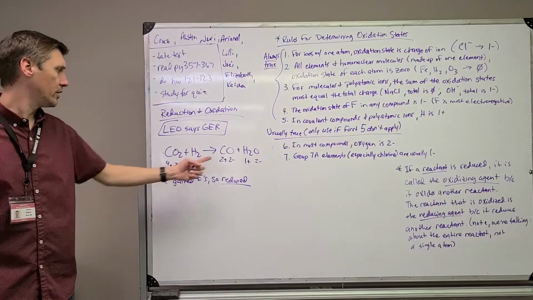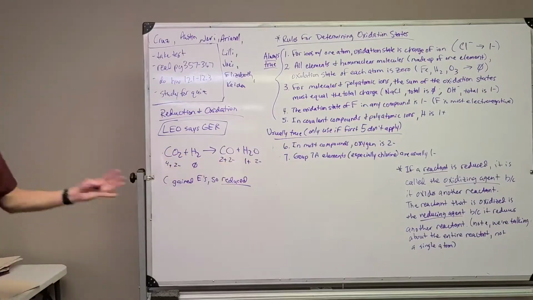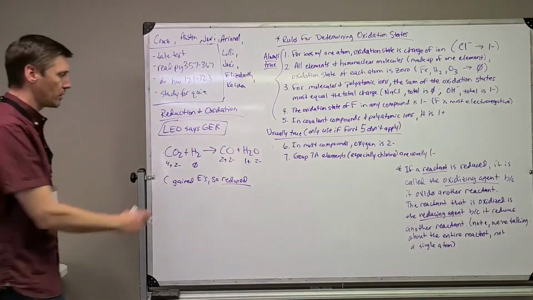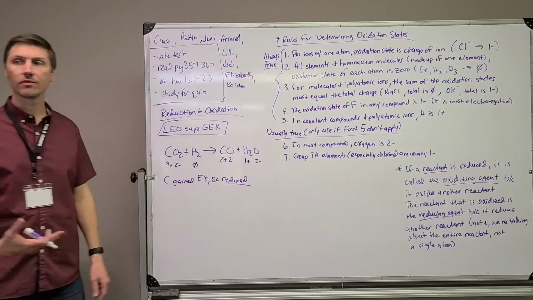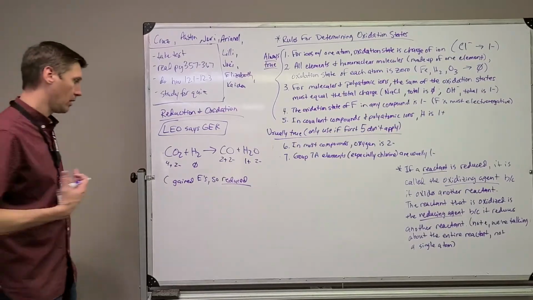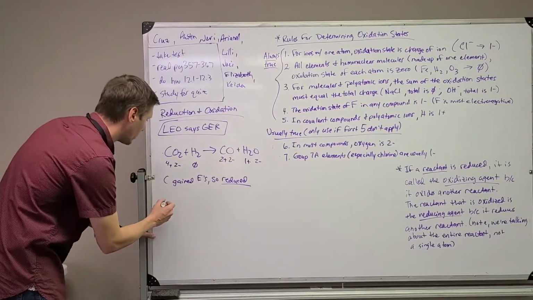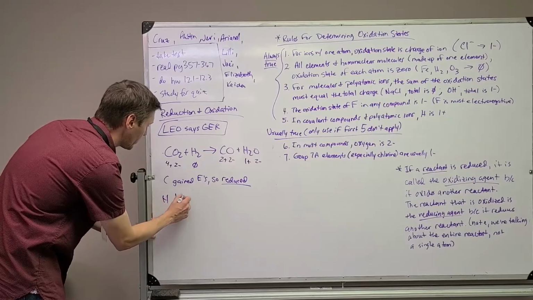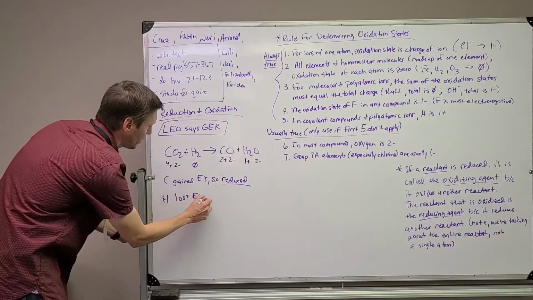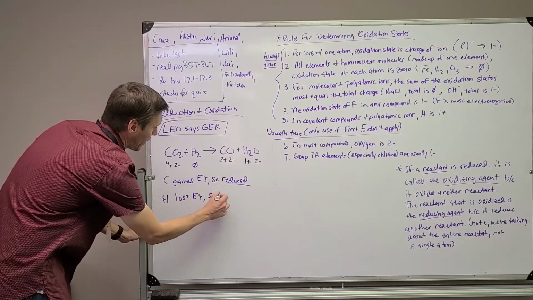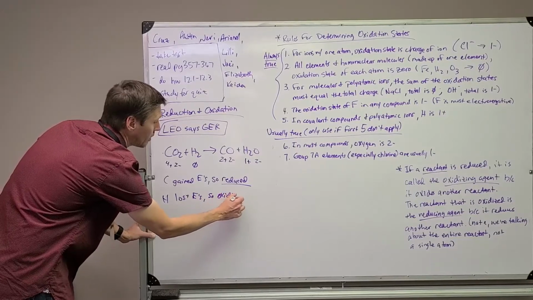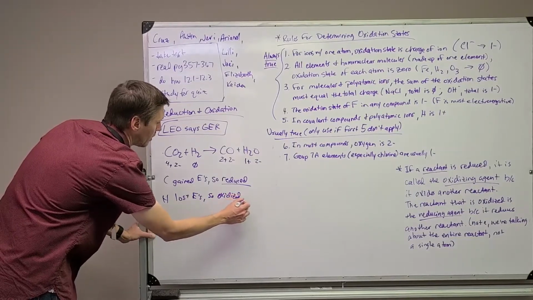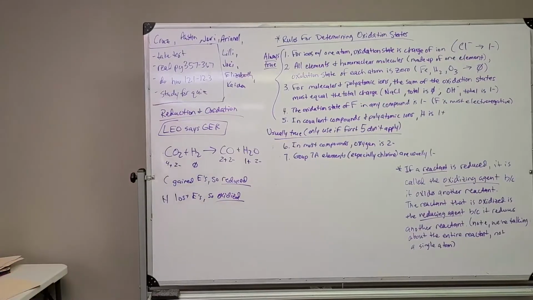O is 2 minus here, 2 minus here, 2 minus here. O is the same on both sides, but H became more positive. So it must have lost electrons, right? Because it went from 0 to 1 plus. So H lost electrons, so it's oxidized.